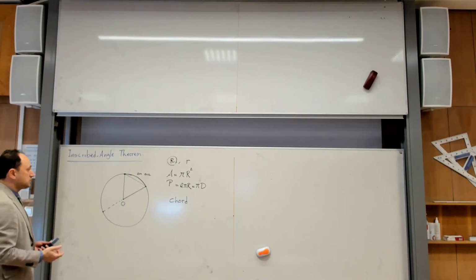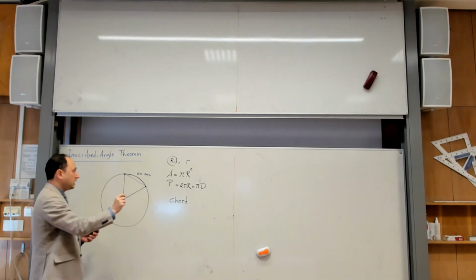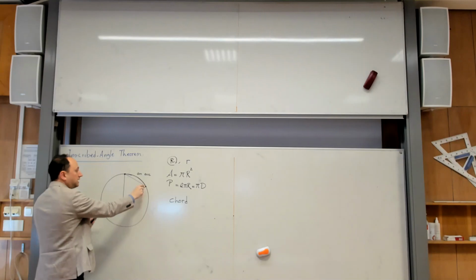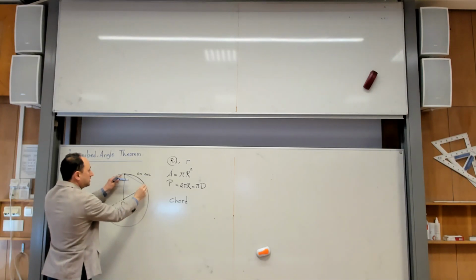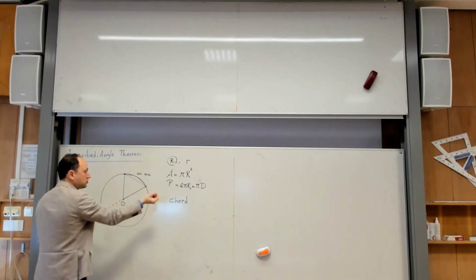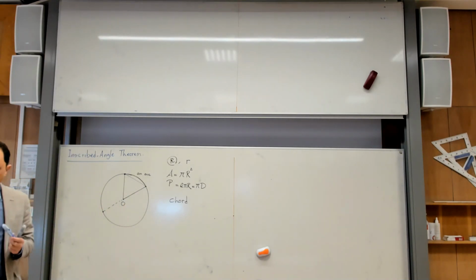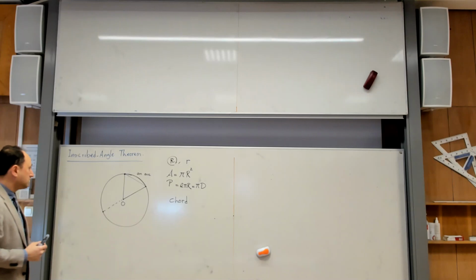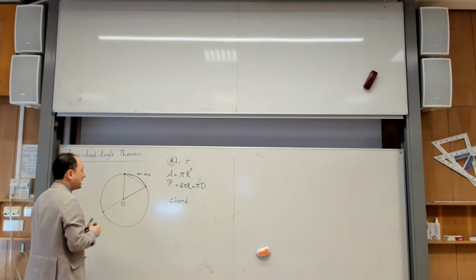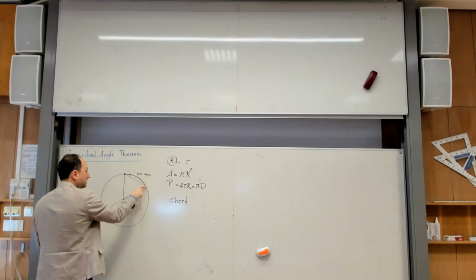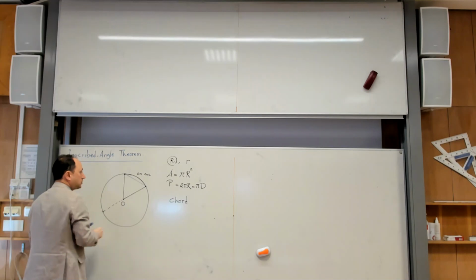In which sense? In the sense that if you bend a string so that it overlaps with the circle, and then cut that string, stretch it and measure the length, that length is in the unit of length, and that is called the arc length. So the arc length is different from the length of the chord.